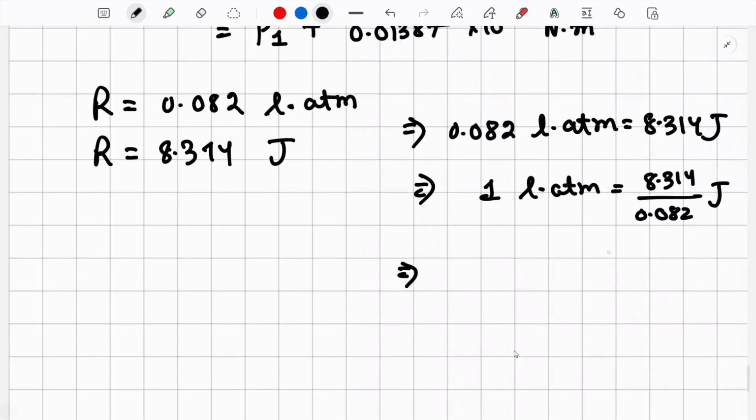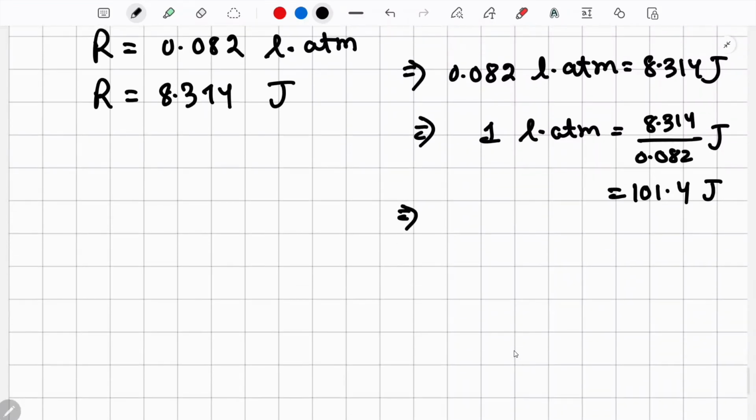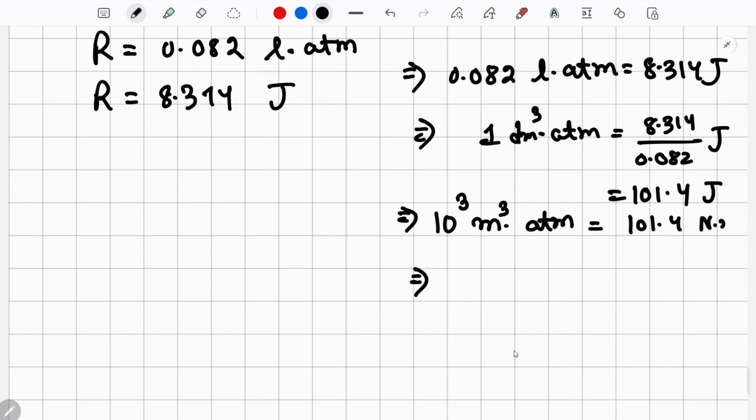101.4. Okay. Now 1 liter is decimeter cube, so it is 10 to the power minus 3 meter cube ATM, and joule is Newton meter.